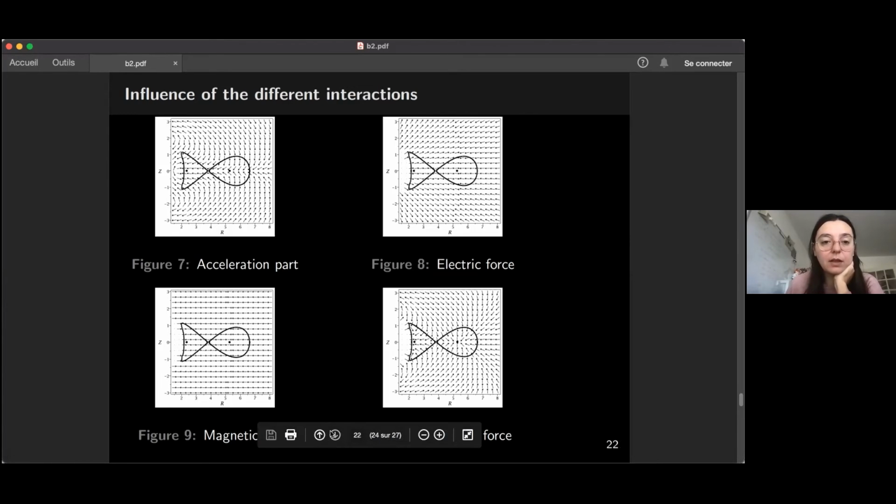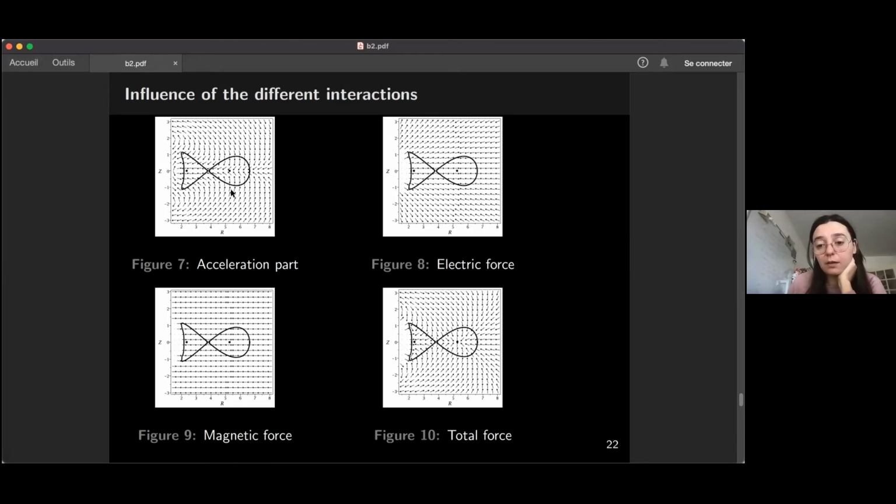What happens when we have a double tori? Here we see that again the total force is pointing on the two different maxima, but also here in the middle on the cusp. So it's more difficult to say why we have the formation of this cusp point. We can see that we have a change of sign in B and in Q, and the electric force and the magnetic force change sign close to the second maximum of pressure here.